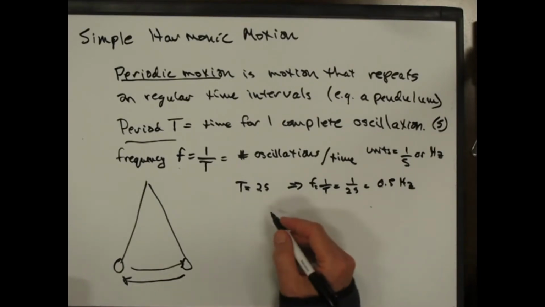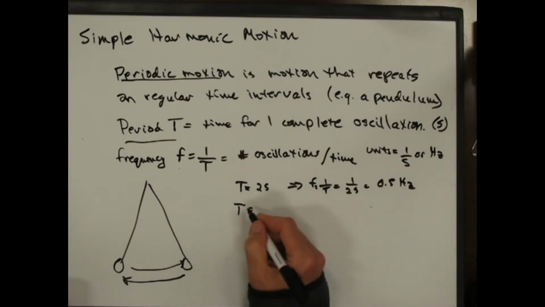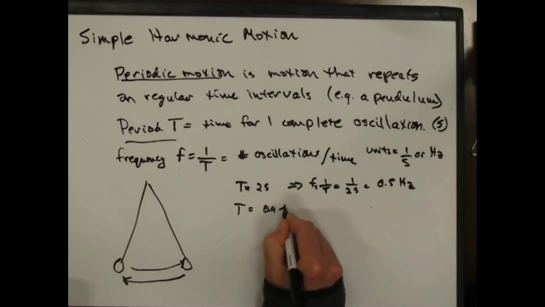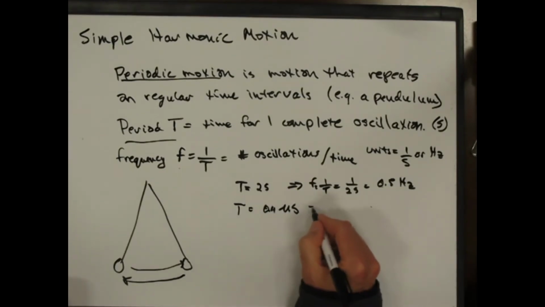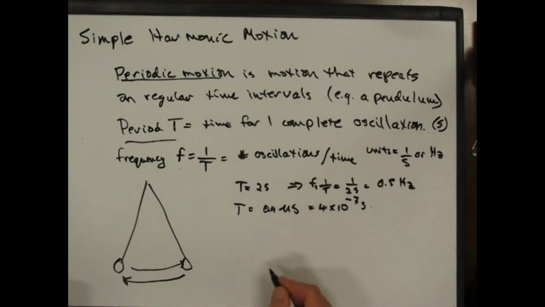So you can do an example where let's say the period for some ultrasound wave is 0.4 microseconds, which is 4 times 10 to the minus 7 seconds.